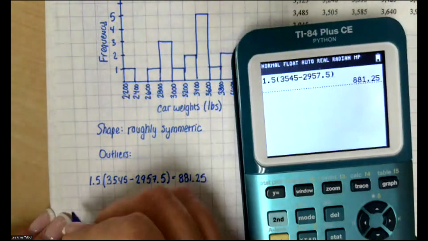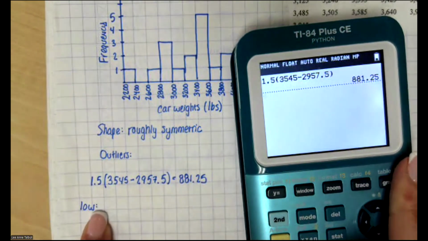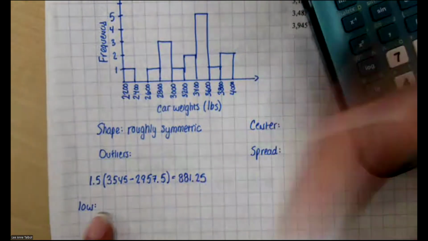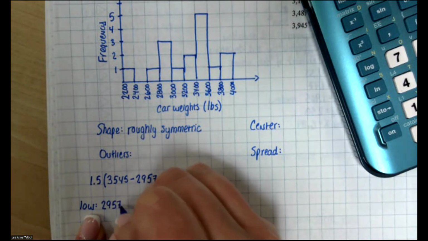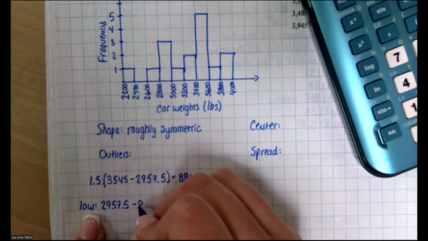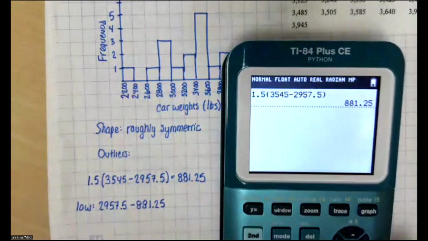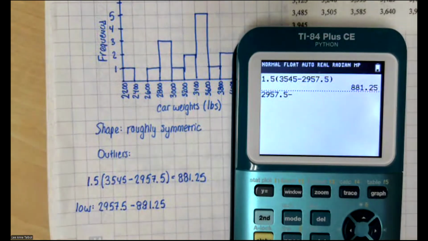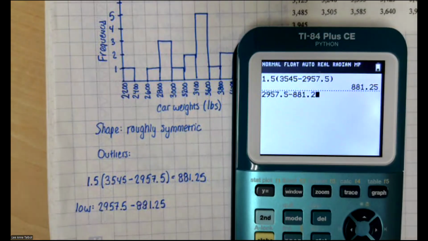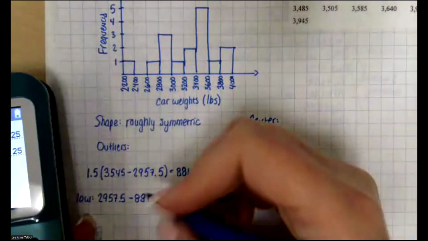Okay, so for the low outliers, I'm going to do quartile 1 minus this. Quartile 1 was 2957.5 minus 881.25, which is 2,076.